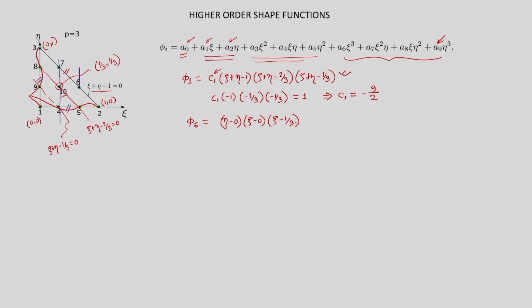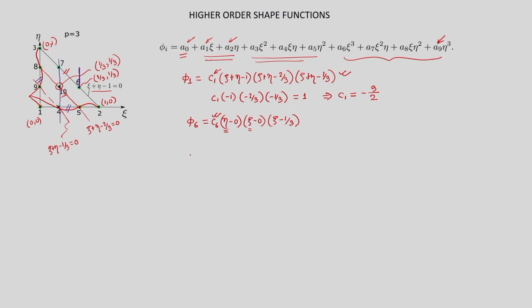So that defines phi 6, but it has to be 1, so I will put C6 as the coefficient. Now, what is the coordinate of 6? The coordinate of 6 is 2 by 3 comma 1 by 3. So if we put xi equal to 2 by 3, eta equal to 1 by 3, and make it equal to 1, we can calculate the coefficient C6.